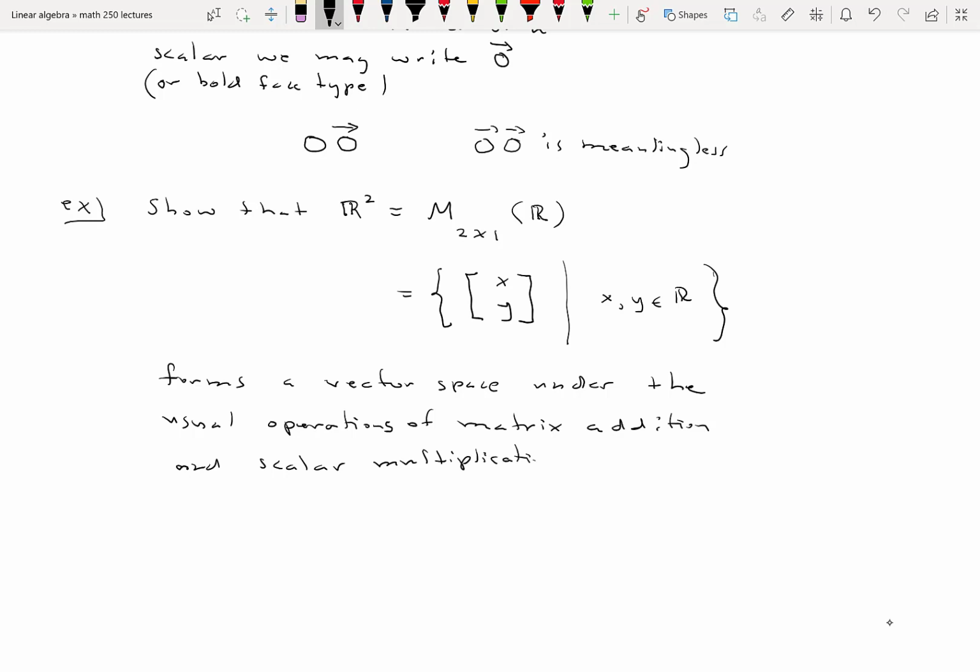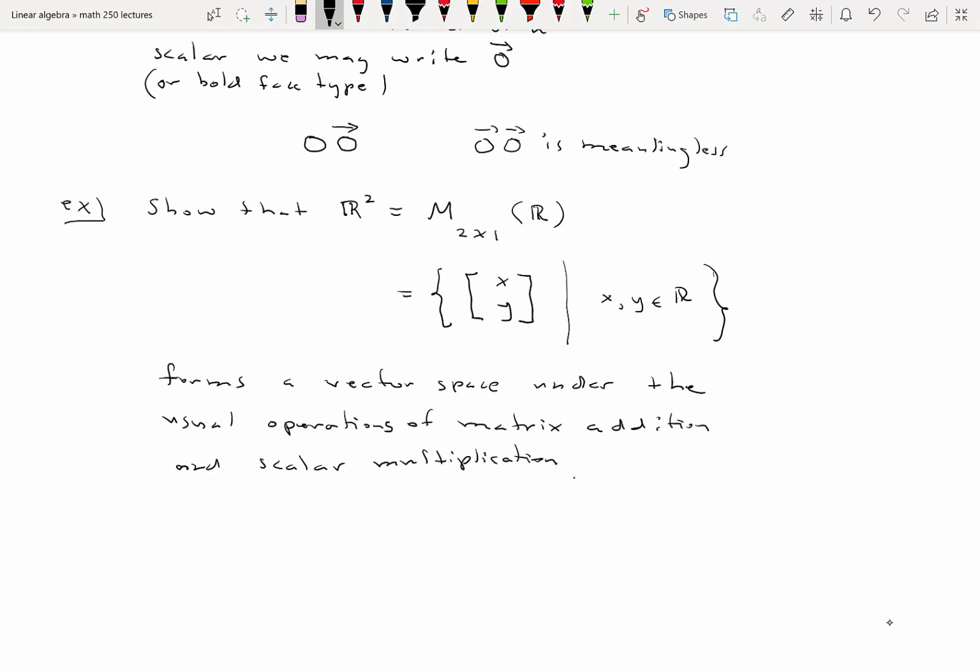Our operations can be very different than these. So I'm starting out with a very simple vector space. I want to start by showing that this is a vector space. So the set of all points in the xy plane form a vector space. This is almost heresy in Calc 3 to say that a point in the xy plane is a vector.